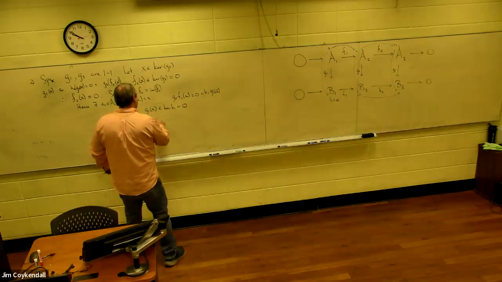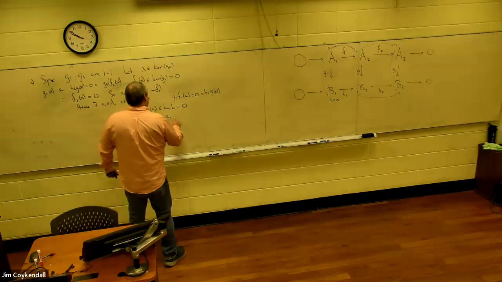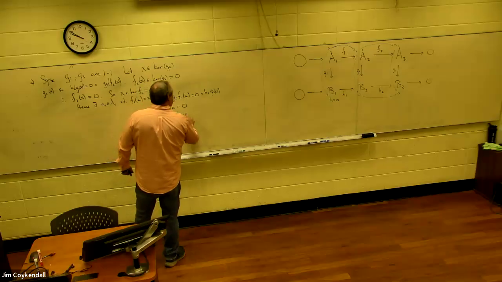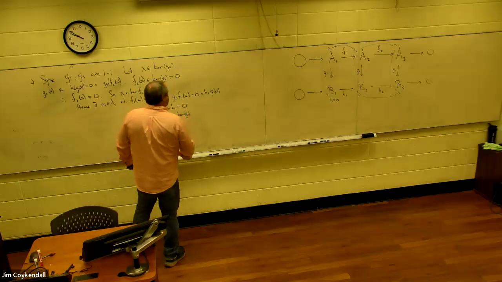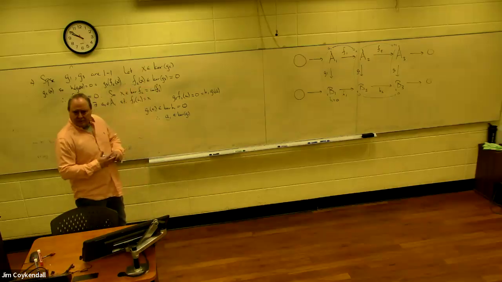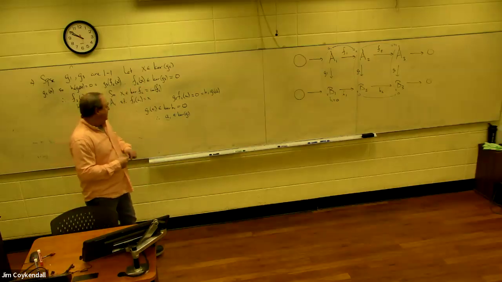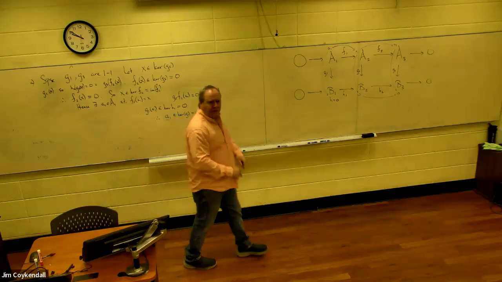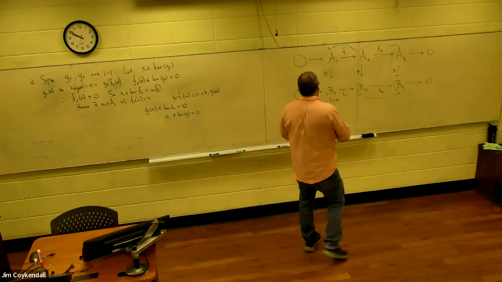Therefore, A1 is in the kernel of G1. Well, the kernel of G1 is also 0, because G1 is 1 to 1.